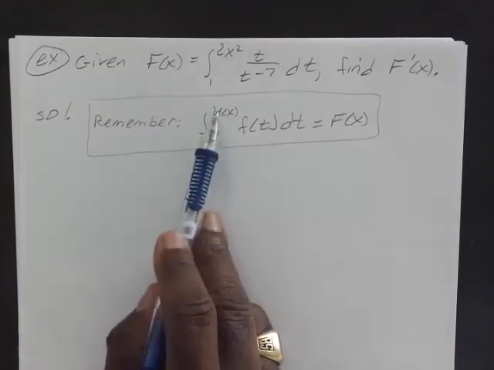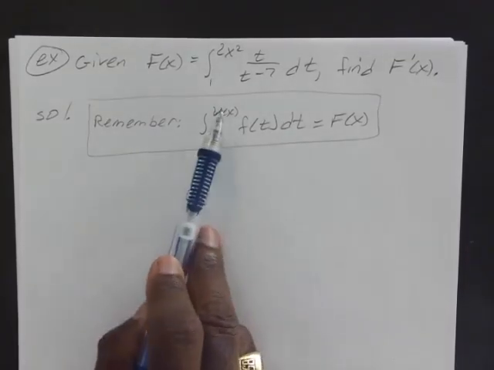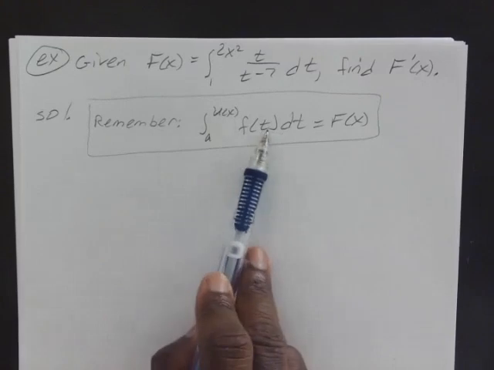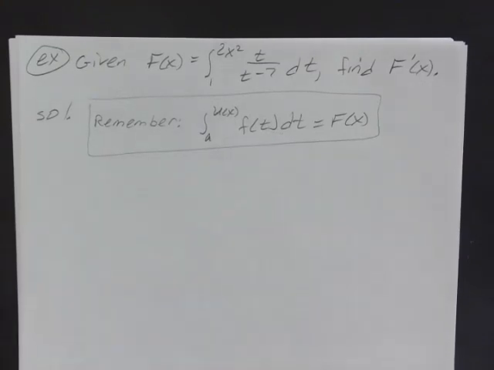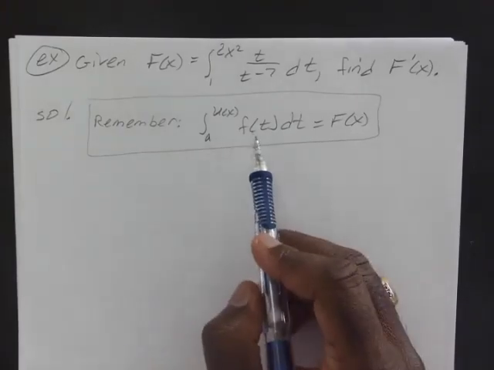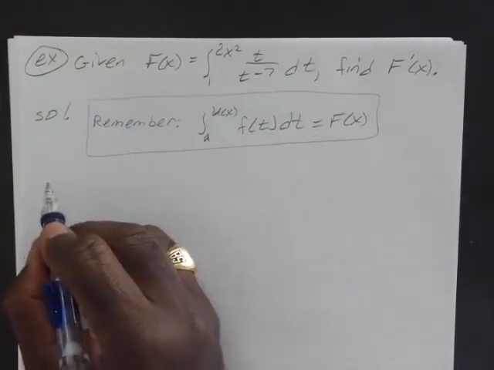Now, if we had just a t here, or just a x here, then that would just be f of x. Or the integral of f of t is just equal to f of x.